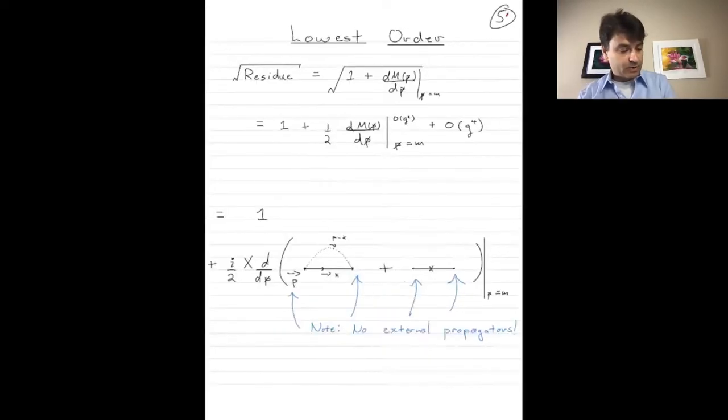And what does the graph look like? We've got the i, because M is i times the one particle irreducible graphs. I get the 1/2 from here. I get this derivative with respect to p slash. I'm going to remind you here that we're not going to include external propagator lines in this type of calculation.